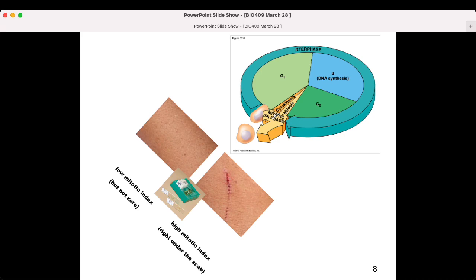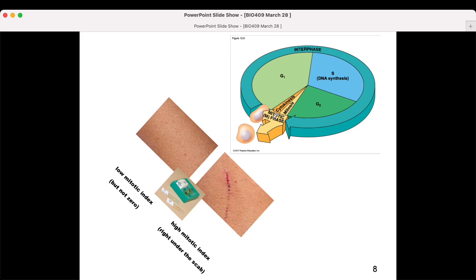But in our skin, there's that constant replenishing going on every day, right? Our skin cells die and get rubbed off. Then, under the scab, the mitotic index is going to be higher. The mitotic index is always low, maybe this would be like 1%, and this might be like 3%. It doesn't change a lot, but it's a significant increase.